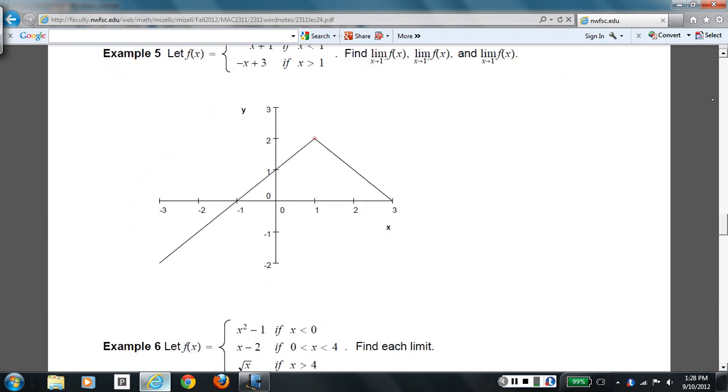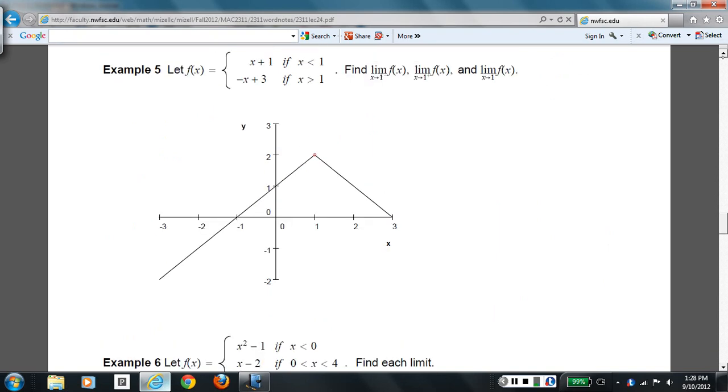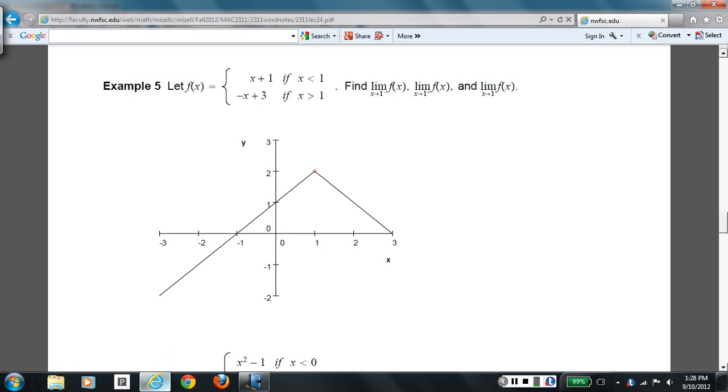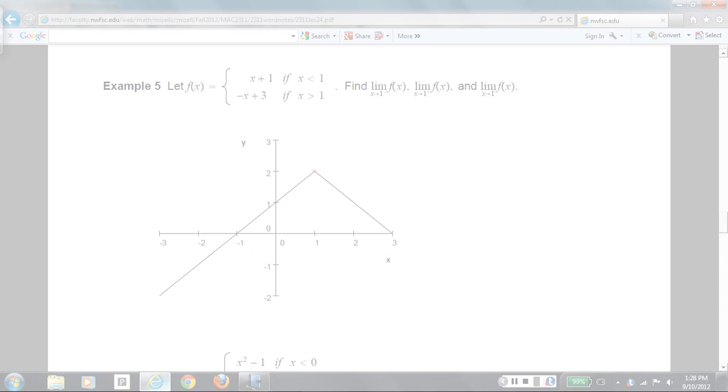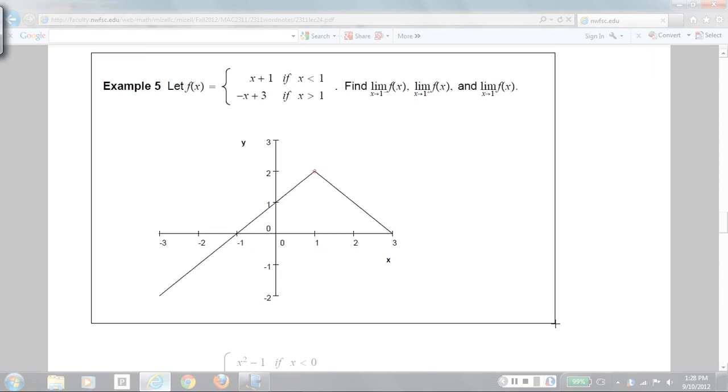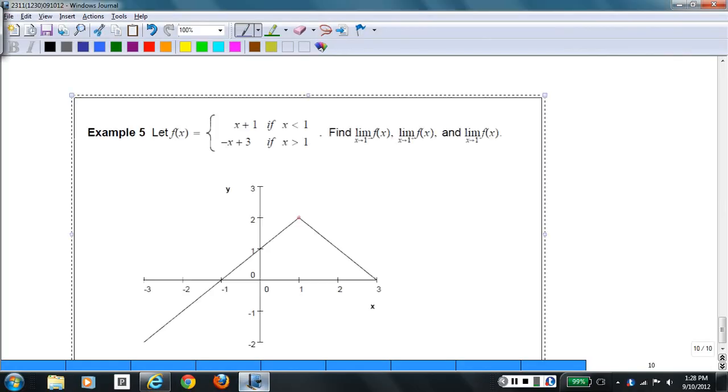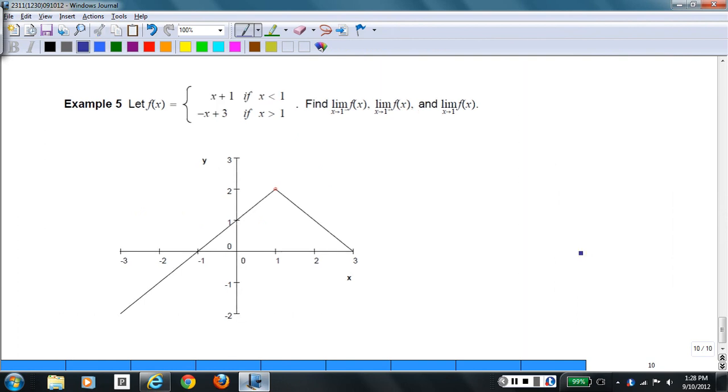Okay, good. Example 5. Let's see if we have something new here. Not really new; hopefully this will be an easy example. We're using two different linear expressions to define this function.